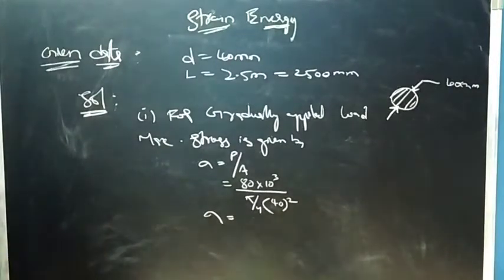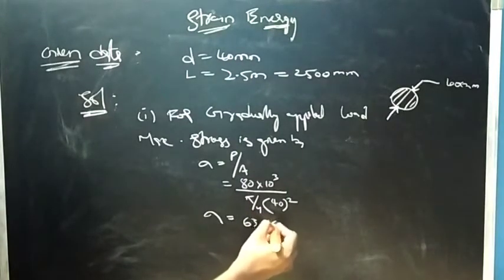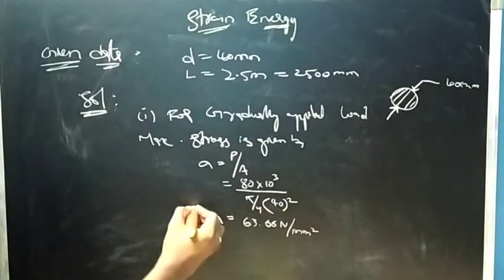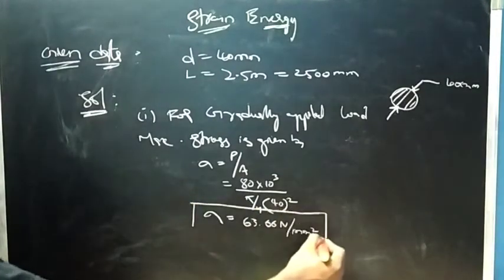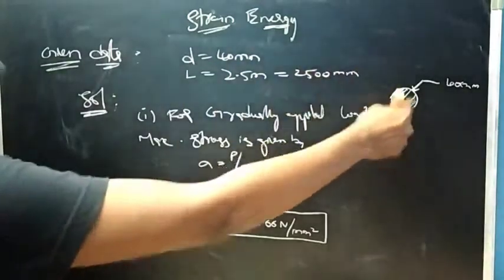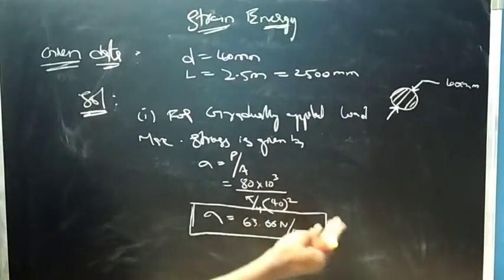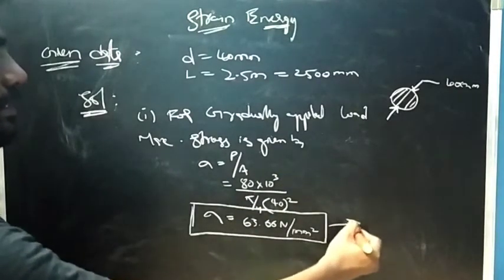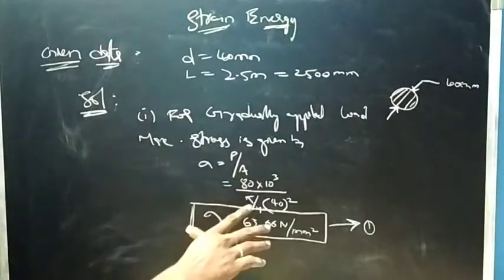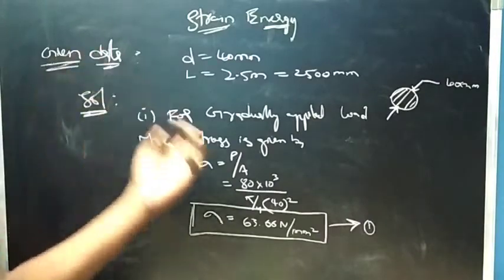So we got 63.66 Newton per mm square. So what is the value of stress for the gradually applied load on the bar? That is 63.66 Newton per mm square. Let us say this is equation 1.